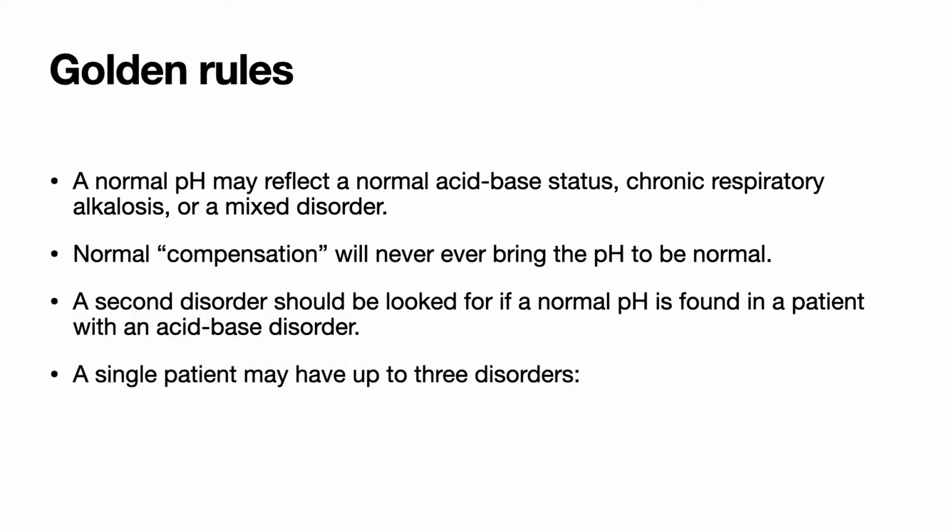A single patient may have up to 3 disorders: 2 metabolic, 1 respiratory. So you can have anion gap metabolic acidosis plus metabolic alkalosis. You can have anion gap metabolic acidosis plus another metabolic acidosis on top, but you can only have 1 respiratory, and this is very important to remember.